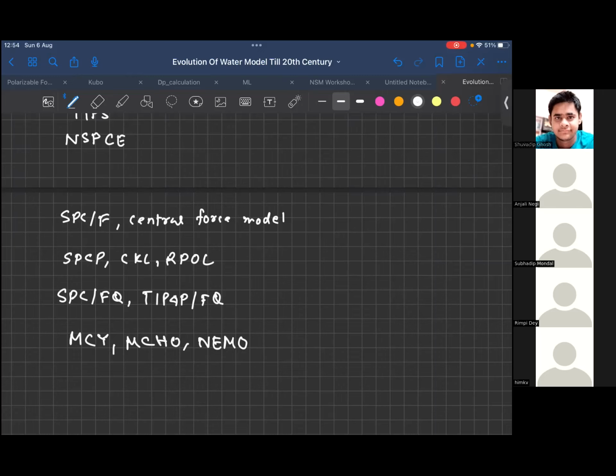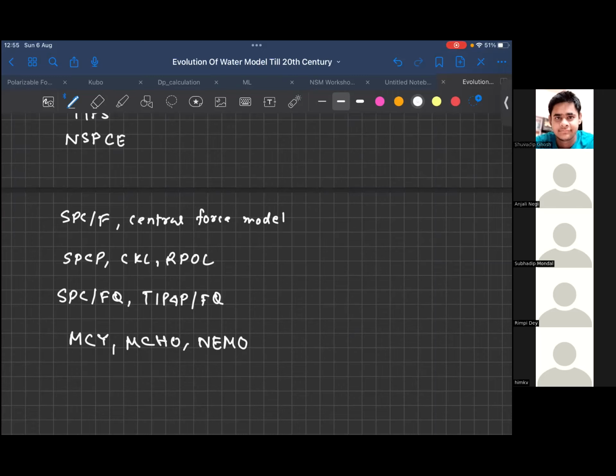So in general, by testing, as you all know, people calculate the density of the liquid, heat of vaporization, self diffusion coefficient, RDFs, temperature of maximum density, some critical parameters, dielectric constants, and these things.